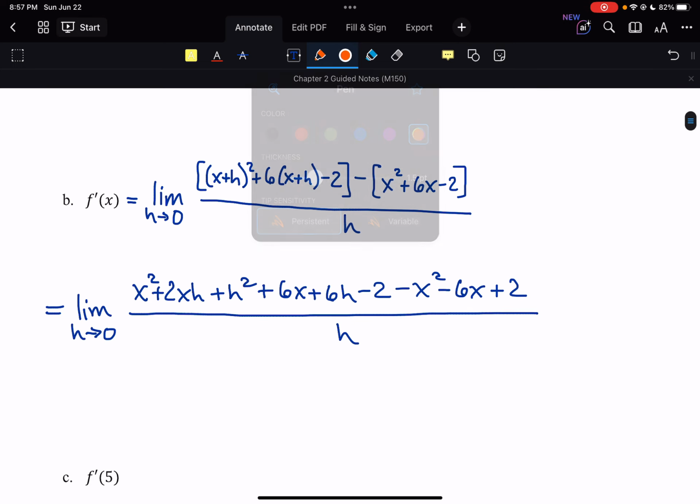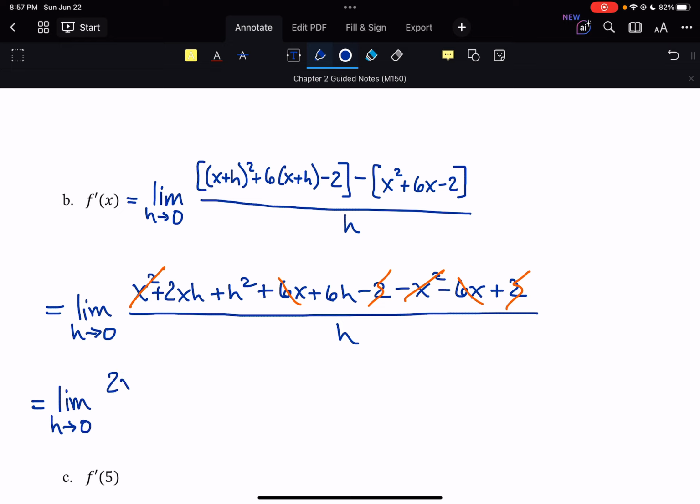Now, if this works as it should, we should have some cancellations that we can do that allow us to simplify. So notice here there is an x squared and a minus x squared. There is a 6x and a minus 6x. There is a negative 2 and a plus 2. So if we look at what's left, we have 2xh plus h squared plus 6h all over h.